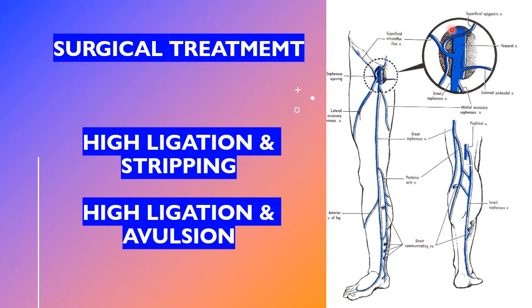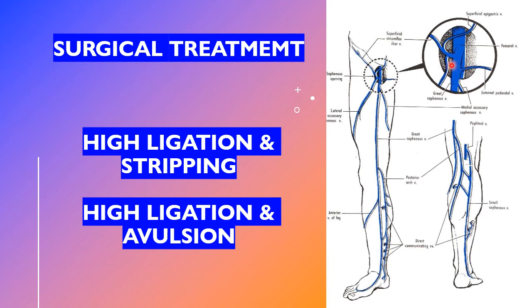These are the common tributaries of the long saphenous vein just before it enters the femoral vein. So carefully identify this junction, and ligate all these tributaries.